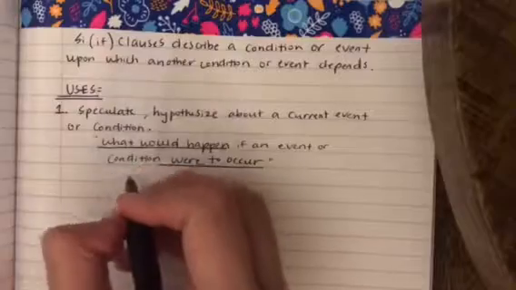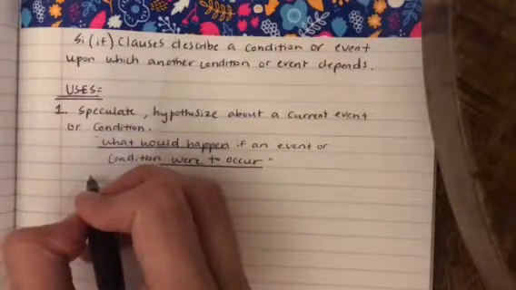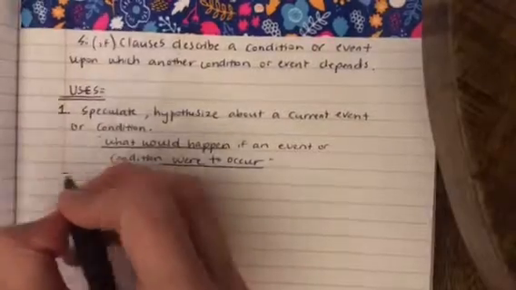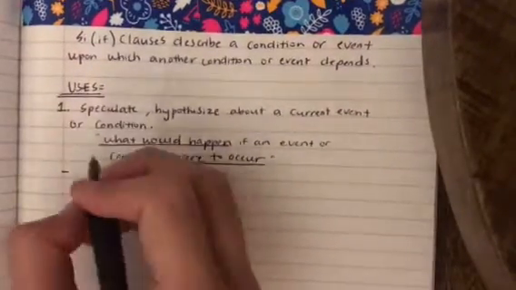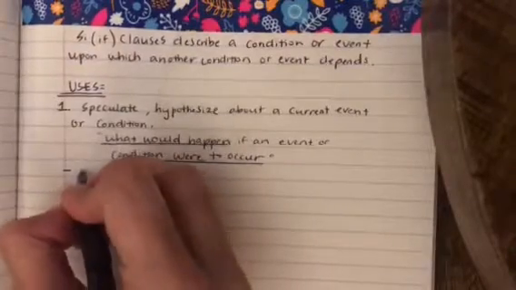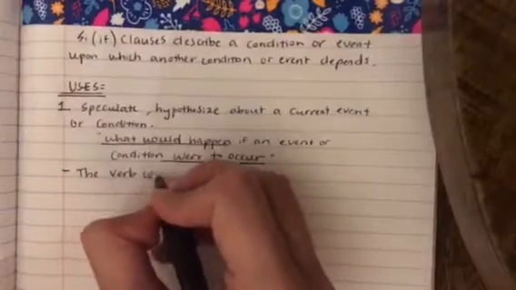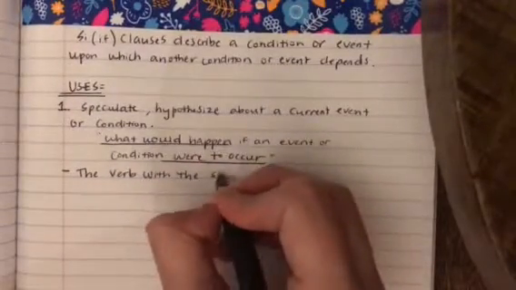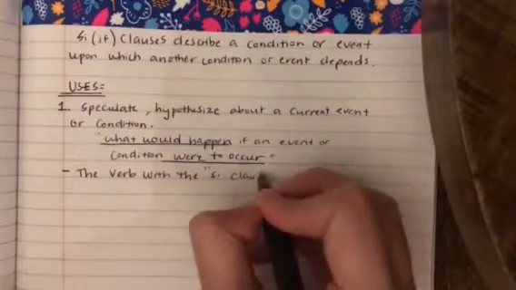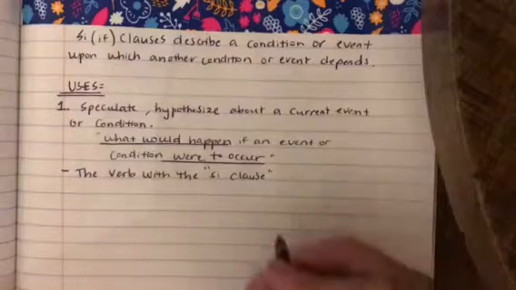Okay, so in this case, if you wanted to speculate, hypothesize, then the first verb that you use, the verb with the si clause, if something would happen, right, this is what would happen.